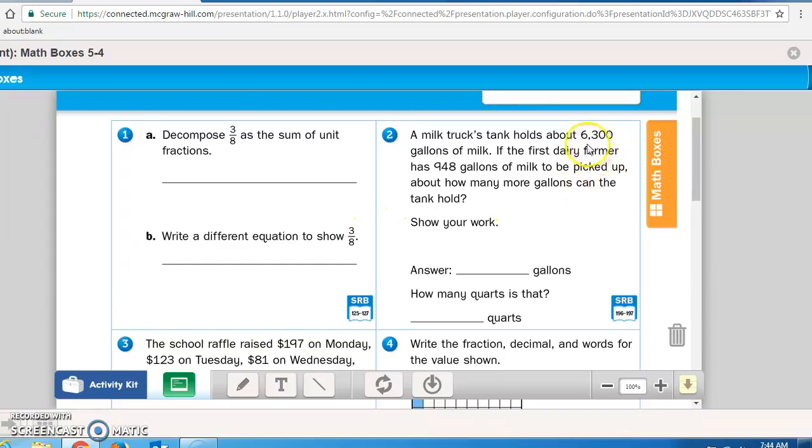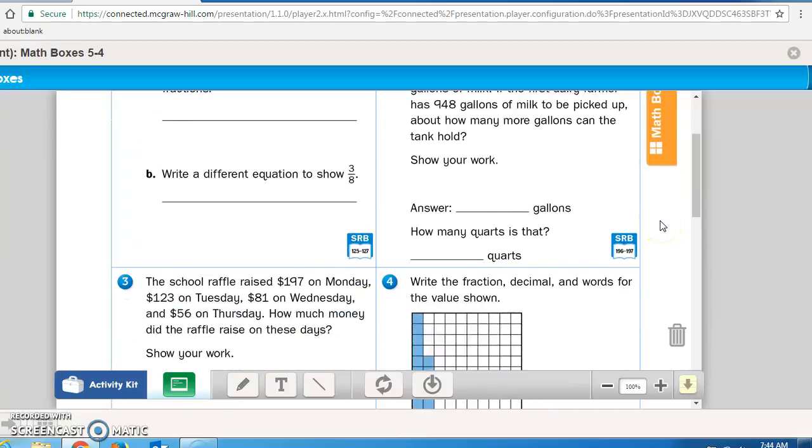Well, you should be thinking, if it can hold 6,300, and now I just put in 948, I'm going to need to subtract that number from the 6,300 to figure how many more gallons the tank can hold. Pause the recording, figure that answer out, then look in your math journal at the conversion chart and ask yourself how many quarts that would be.